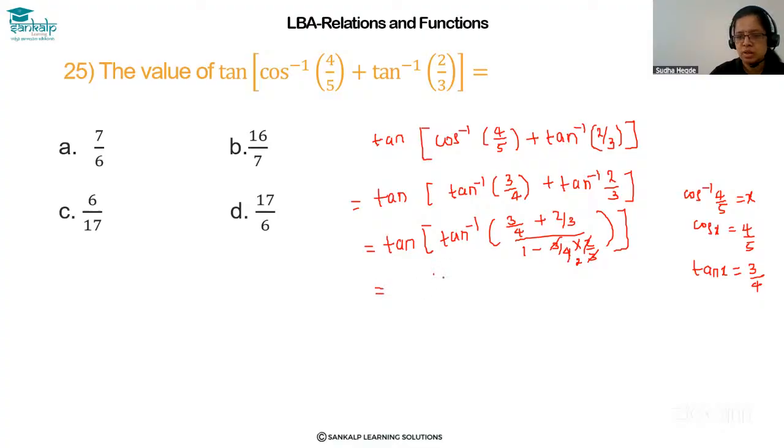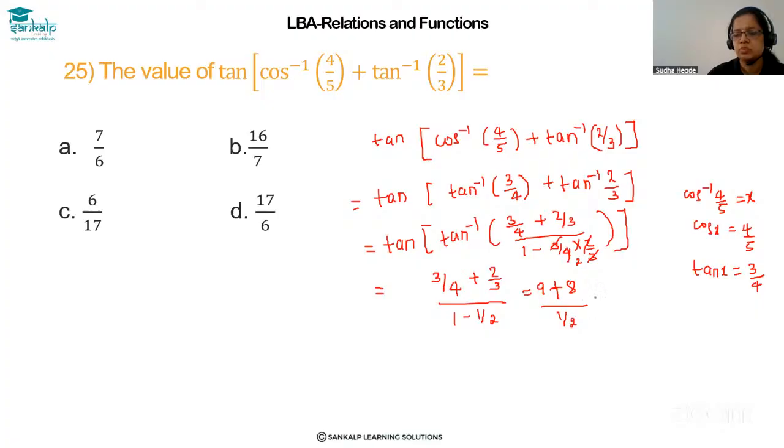So it is 3 by 4 plus 2 by 3 divided by 1 minus 1 by 2, that is equal to 9 plus 8 divided by 1 by 2.